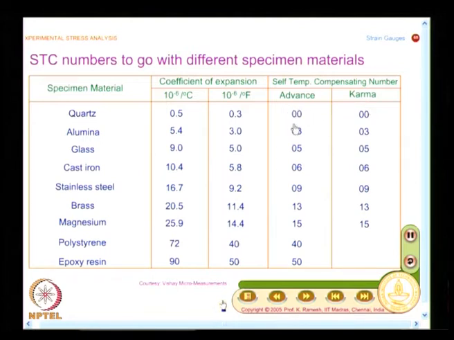And if you look at this, this matches with the coefficient of expansion in terms of per degree Fahrenheit. For alumina it is 3 into 10 power minus 6 per degree Fahrenheit, you have the number associated as 0.3, and when it is 5 you have this as 0.5, it is 5 point something, you make it as 6 here, 9, 13, 15, 40, 50, and whatever that STC number for a particular specimen material, it is given the same number when you make it out of advance alloy or karma alloy.